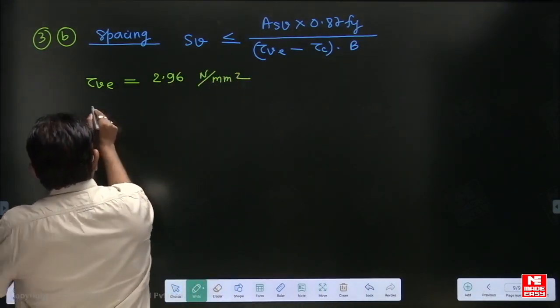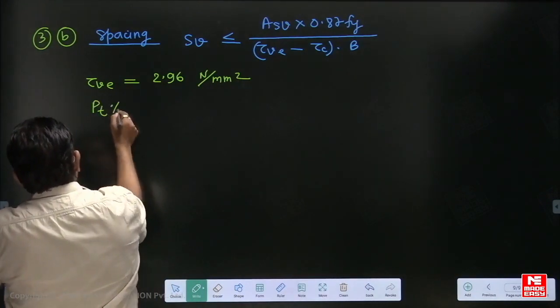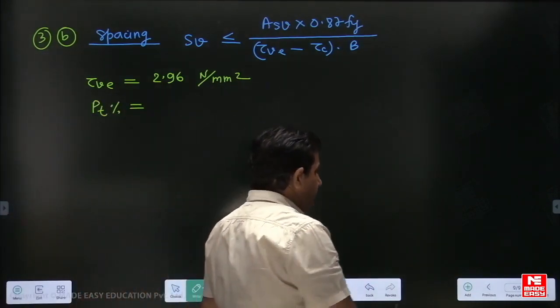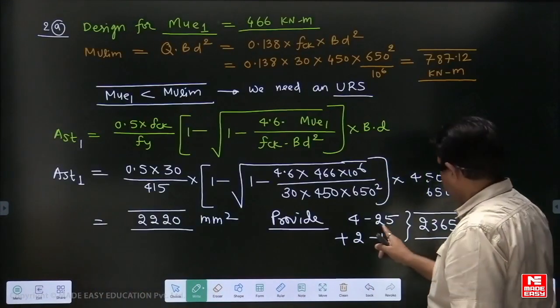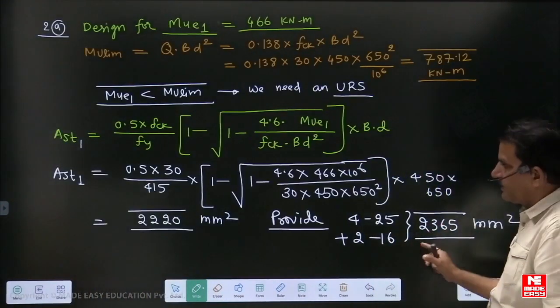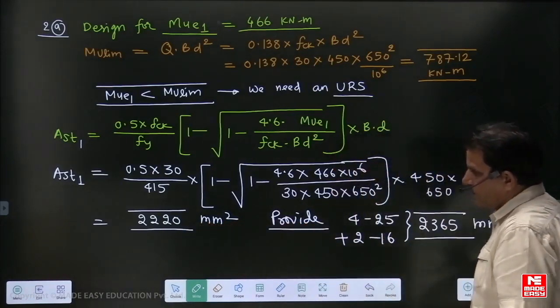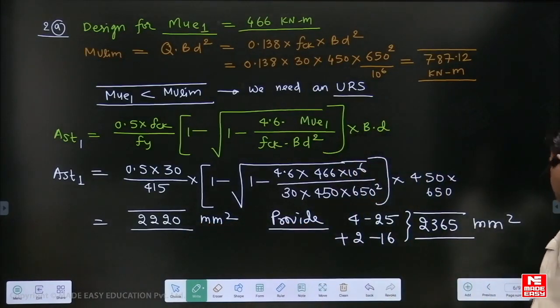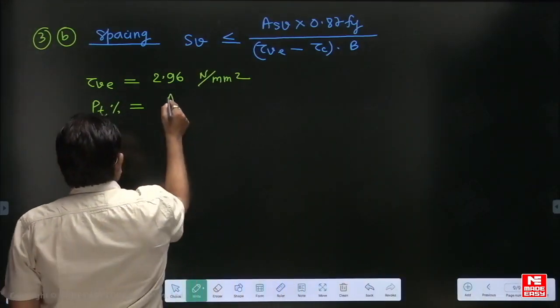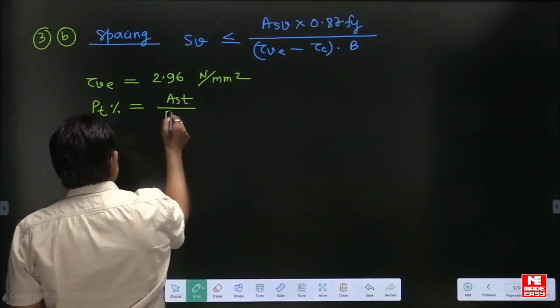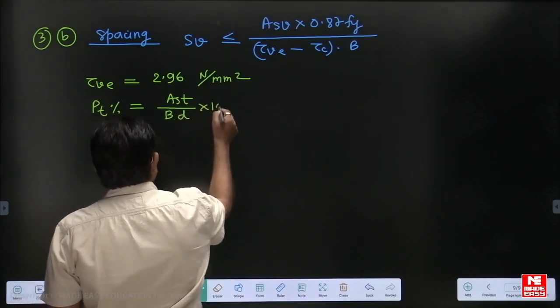Now let's check the percentage of steel, pt percentage. How much steel have you already provided? You have provided a little larger area of steel. 2365 you have provided, although 2220 was required. So let's calculate from this 2365. The formula will be Ast divided by b d into 100.